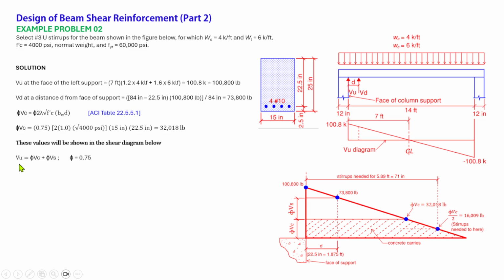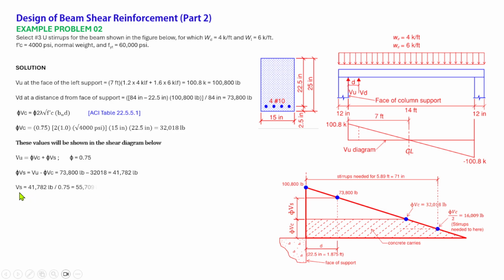Then the next one is we will calculate the Vs. So Vu is equal to phi Vc plus phi Vs. Phi here is 0.75. So to calculate the phi Vs is equal to Vu minus phi Vc. So Vu is 73,800 pounds, which comes from here, minus 32,018 pounds, that is equal to 41,782 pounds.